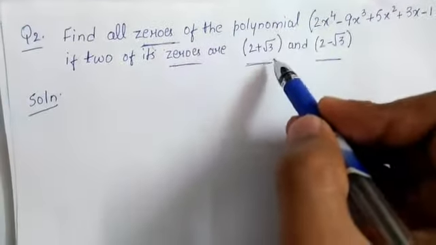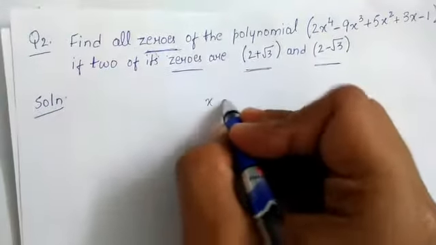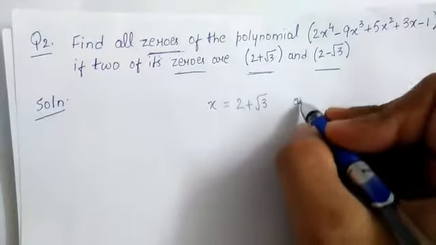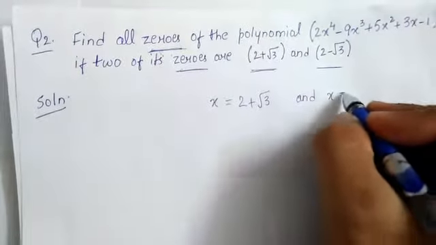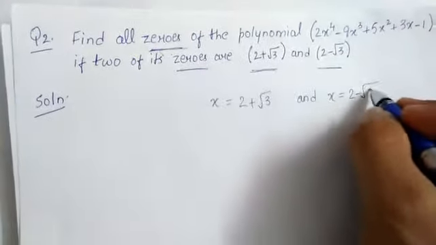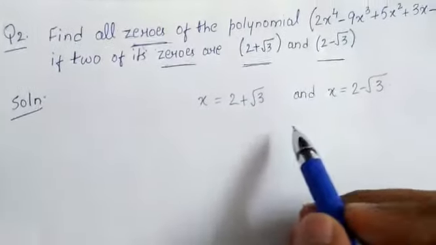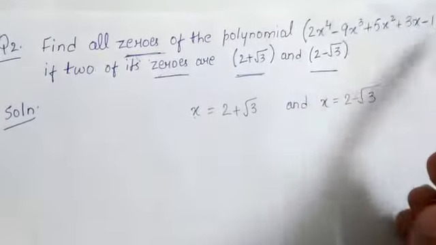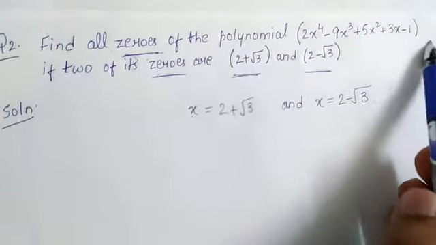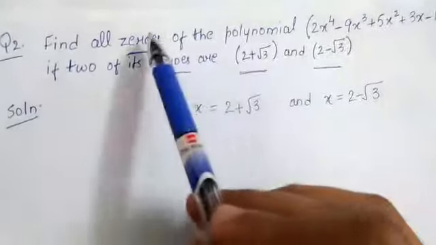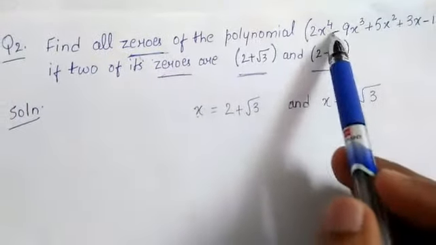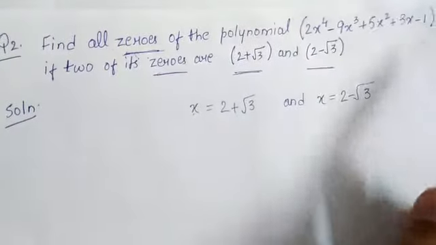That means the value of x is 2 plus root 3 and the value of x can be 2 minus root 3. If you substitute this value in the given polynomial, it should result in the value 0. That's why they are called zeros of a polynomial. Similarly, if you substitute 2 minus root 3, it should give the value 0.